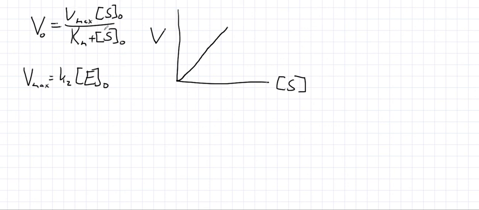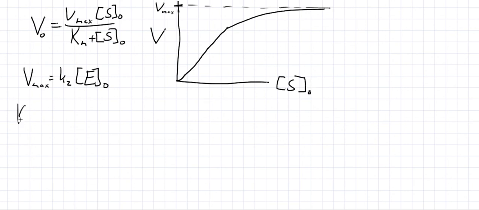And at that point, we can see that these are going to cancel out, and it's going to asymptote out with V equaling Vmax. So we can put Vmax up here. So we know this has to asymptote like that. So that's the way the rate would vary with concentration of substrate.